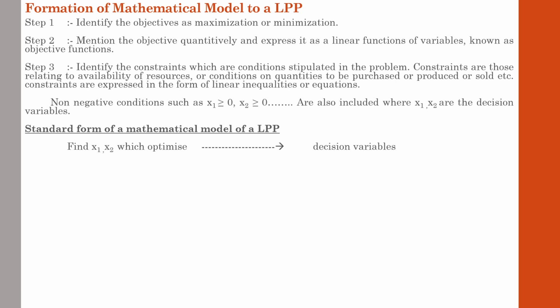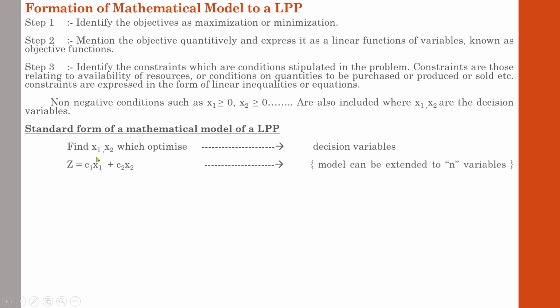If I am a furniture manufacturer, my x1 will be chair and x2 will be table. If I am a bakery owner, my x1 will be cake and x2 will be samosa or puffs, like that. For the time being I am using such examples. Please don't write such examples in the examination.